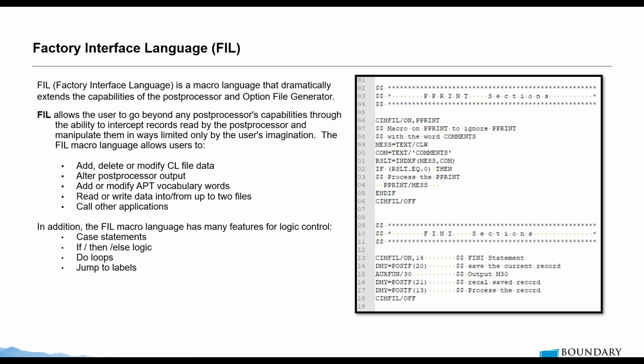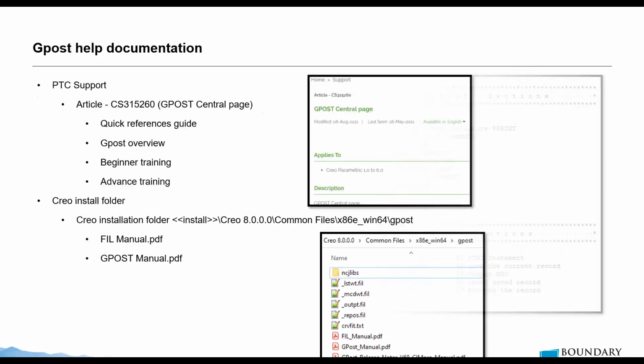So there's a few places that you can find certain support and help files. The first one with the most information is on the PTC support page. As soon as you search for G-Post or anything G-Post related, one of the articles you'll find is the G-Post central page.